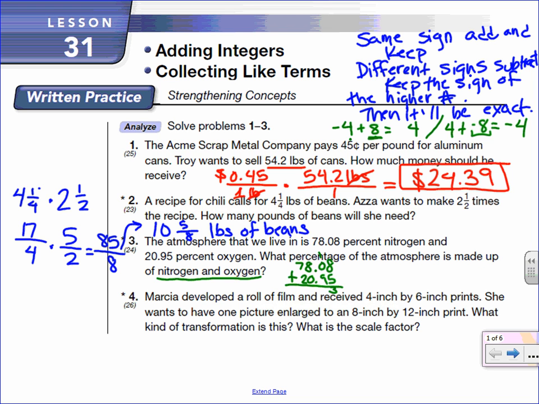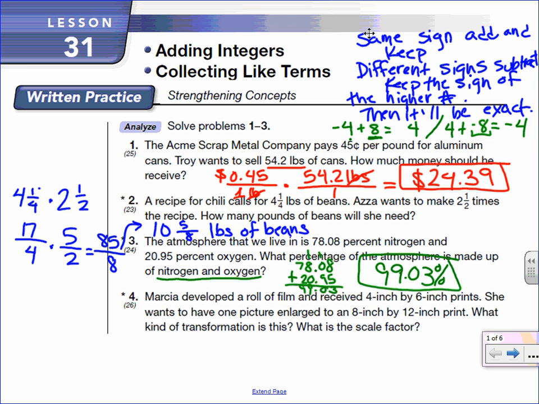Carry the 1. Bring the decimal point over. 1 plus 8 is 9, and then 7 plus 2 is 9. So we have 99.03%. So most of the atmosphere is made up of nitrogen and oxygen.